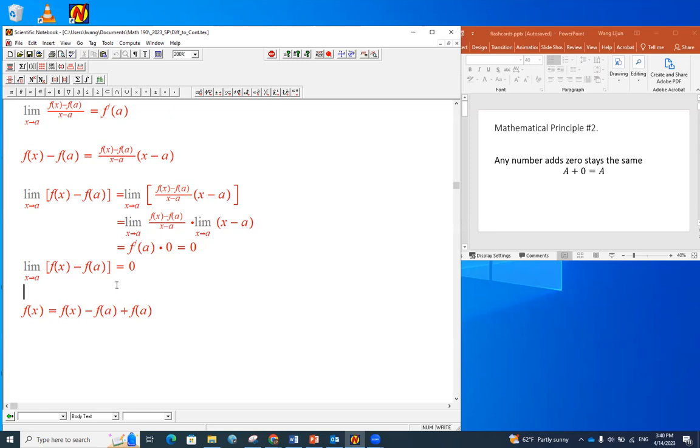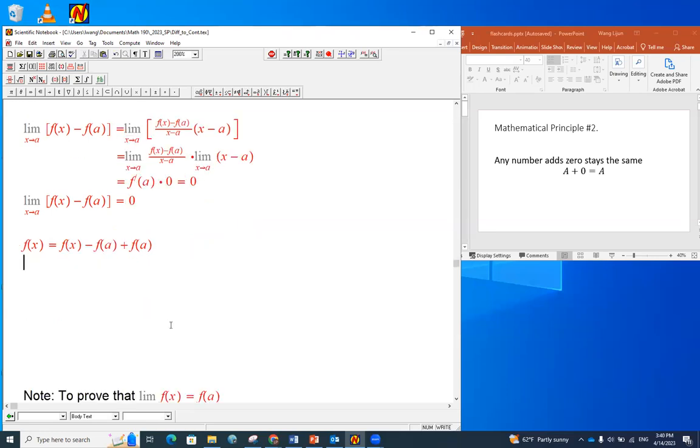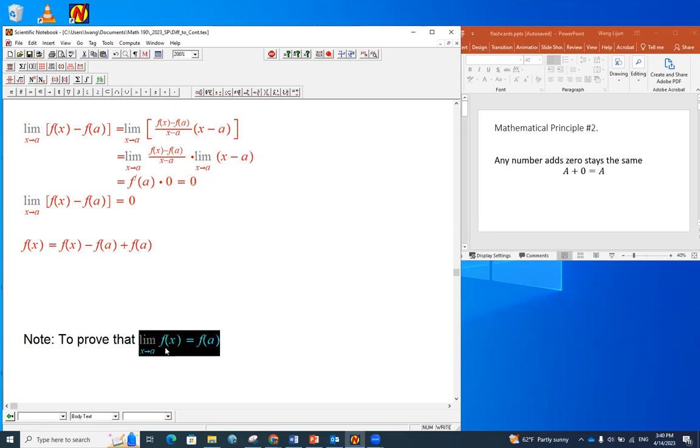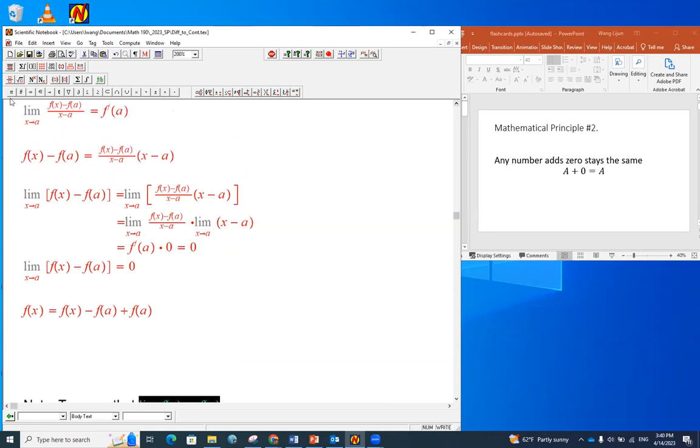So now what do we have? We have this piece, and we have that piece, which we just proved. And of course, we know where we're heading. We're heading to prove that the limit of the function at A is the same as f of A. So this is a given, and this is proved, and now we add a zero.